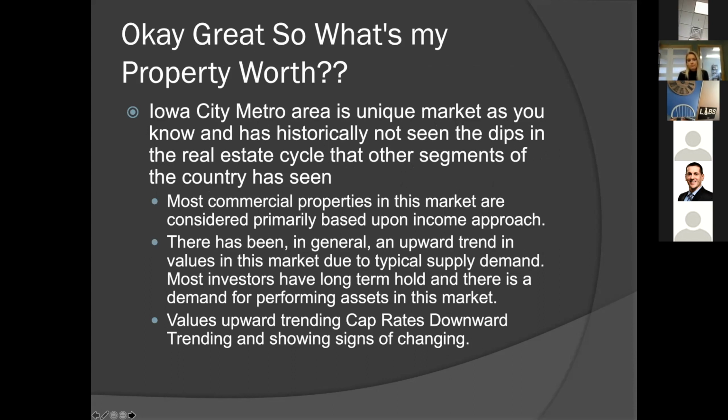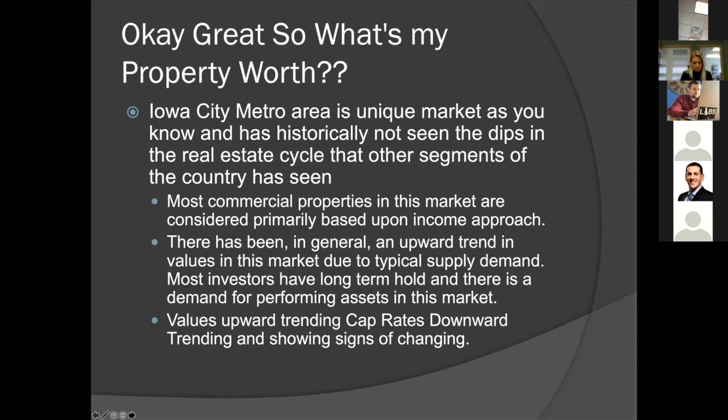Okay, so that gets me down to what my property is worth. As you guys know, the Iowa City market's somewhat unique. Cap rates, vacancy, just a shortage of supply. We look at the income approach most, like we talked about. In general, we've seen upward trends due to lack of supply. Most investors have had a long-term hold on a performing asset. The other challenge in the current market is, what's your alternative investment?